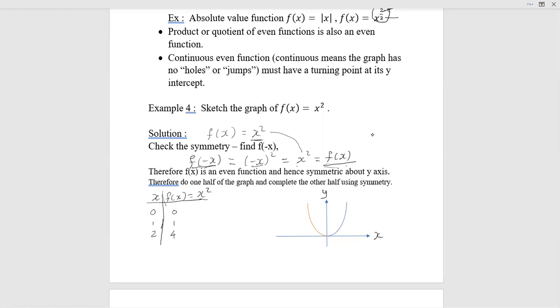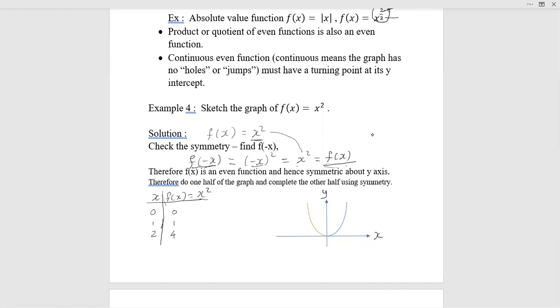But now, since we know this graph has y-axis symmetry, since it is an even function, we can find only one side of the y-axis. Here I found only the right side of the y-axis values.